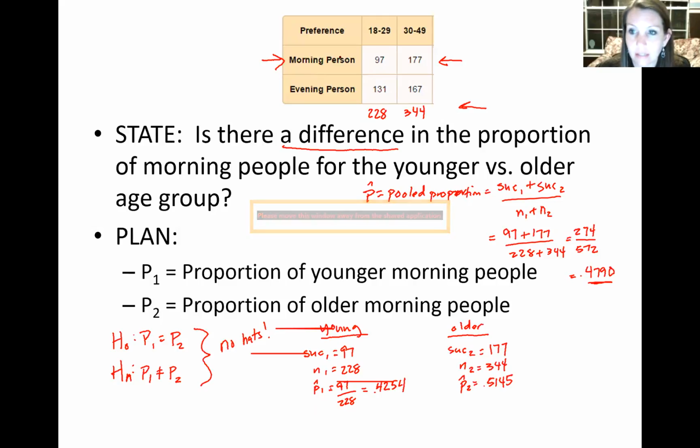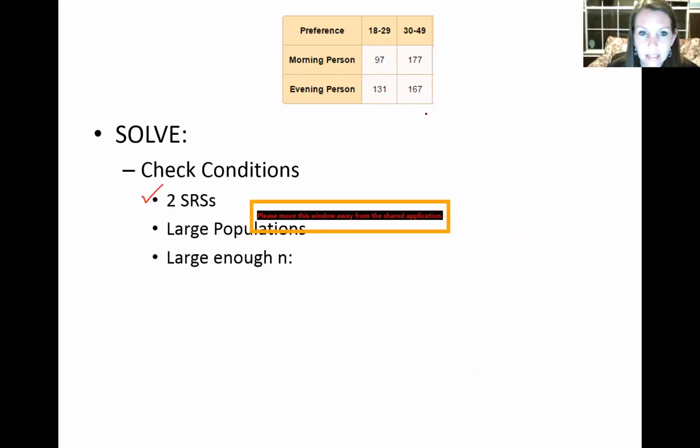Oh yeah, easily. Same thing with the 30 to 49-year-olds. Are there at least 3,440 30 to 49-year-olds in America? Yes. So this is a condition, and we should check it, but this one's an easy one to meet because typically we have huge populations and we're just taking a little sample from them. So it's not usually an issue.